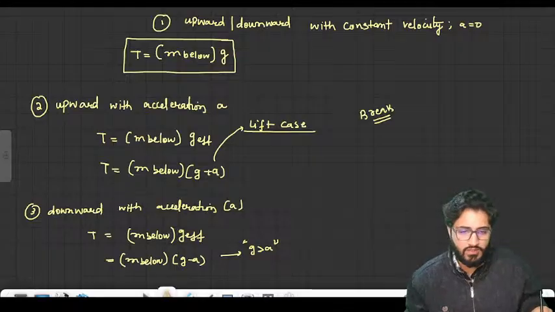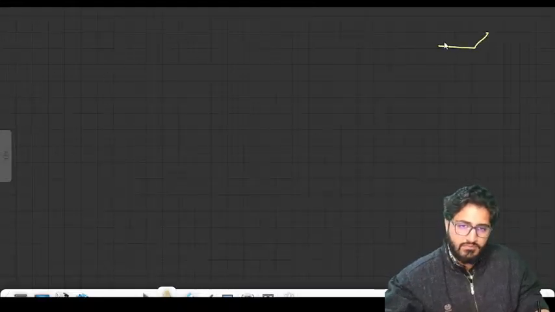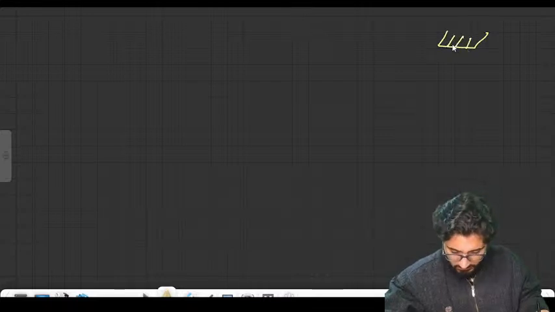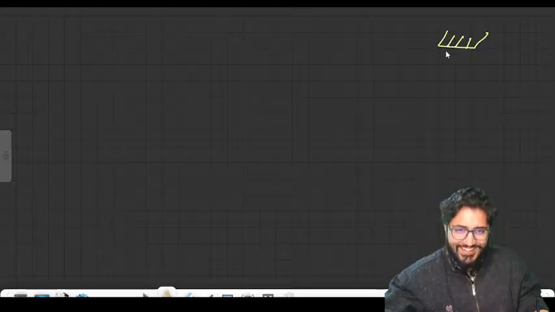Look now, let us start a numerical. We are having a case. So we are having a box.